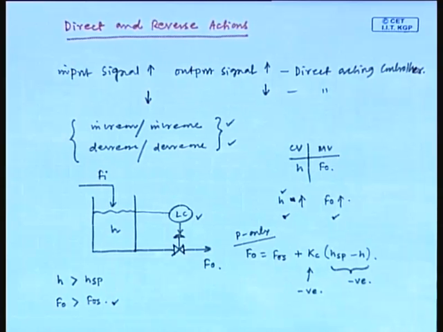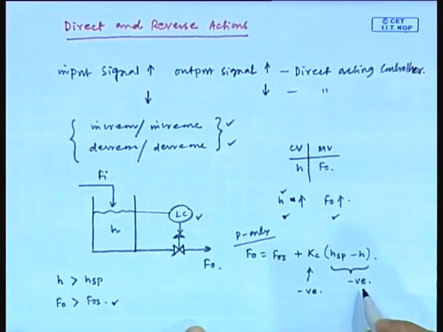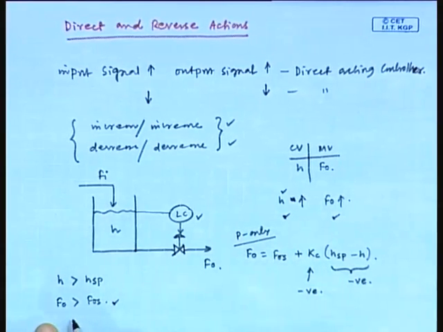Fine. If height goes above the set point value of h, then from this equation it is clear that the error becomes negative. Now, the controller is required to maintain f naught greater than f naught s, that is only possible when Kc is negative.